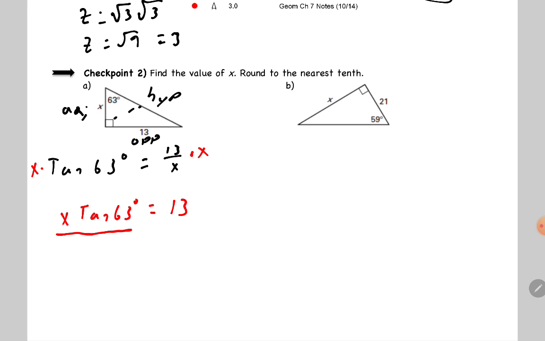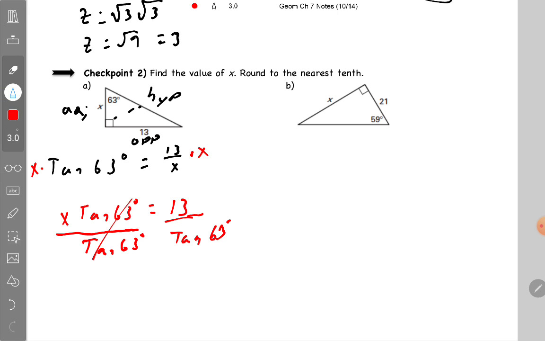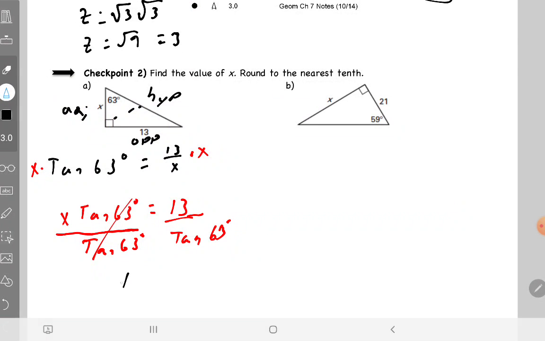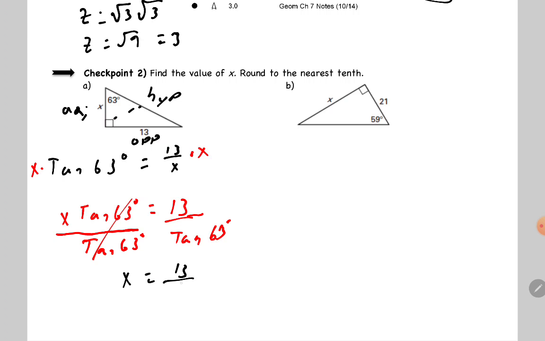Tangent of 63 is just a number being multiplied to x, so to get rid of it, we're just going to divide by that number. These will cancel, and then we're left with x equals 13 divided by tangent of 63, which is approximately 6.62. They want nearest tenth, so 6.6.